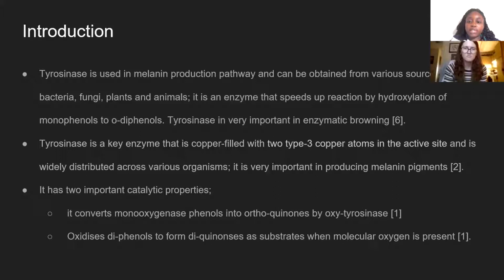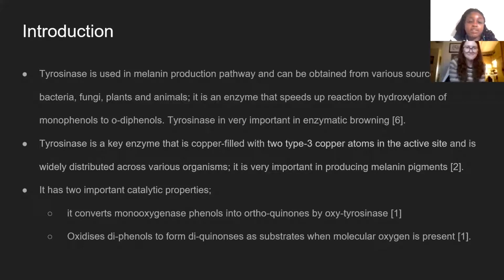Tyrosinase is very important in enzymatic browning. For example, when you slice up an apple and leave it out for 5 minutes and it turns brown, that's the enzyme that is in charge of turning fruits brown.